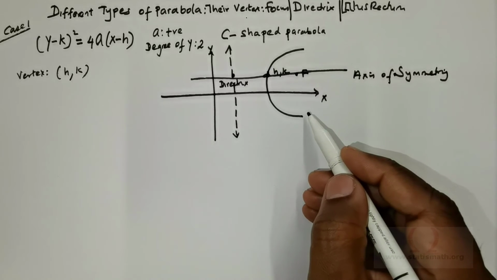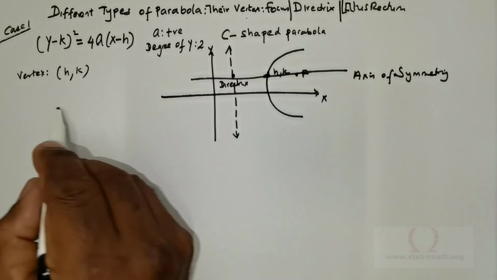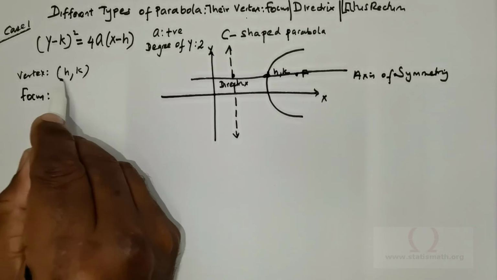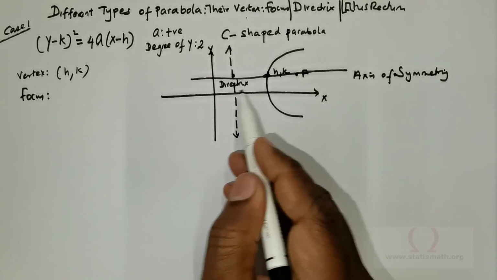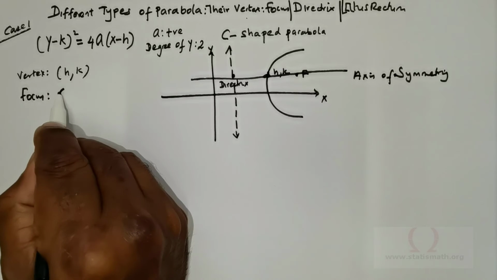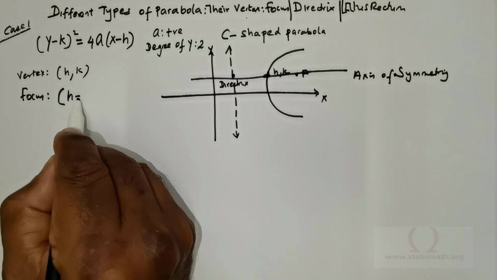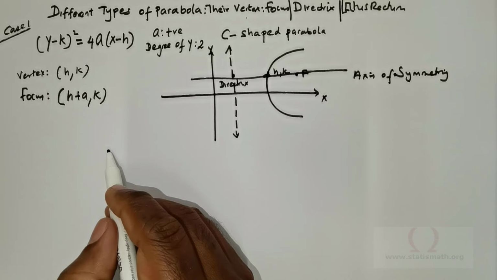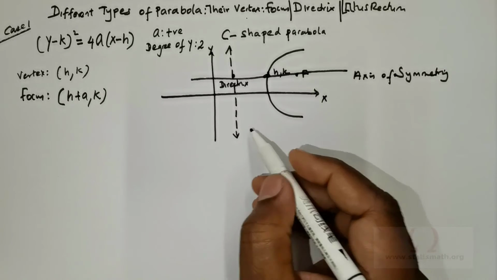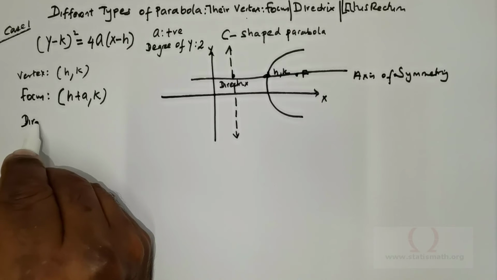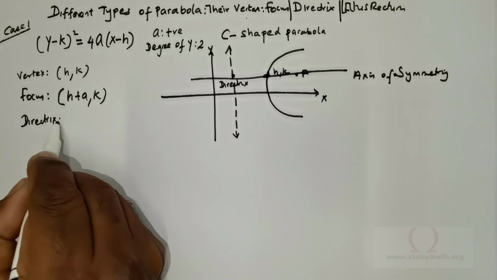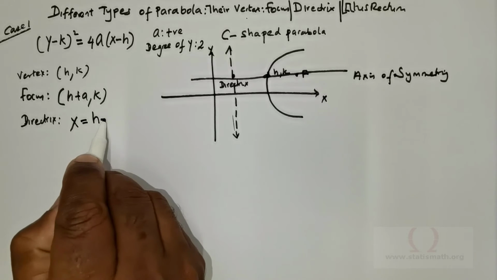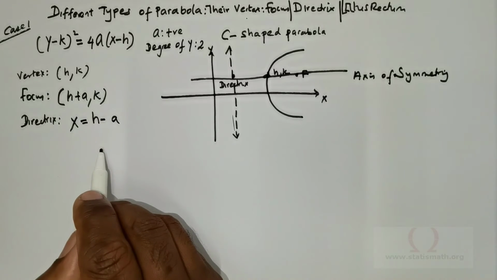Now the important point here is to find the focus. So what is the focus if h comma k is a vertex? The focus is given to be h plus a comma k. Remember that. And to obtain the directrix, the equation of the directrix is going to be x is equal to h minus a.